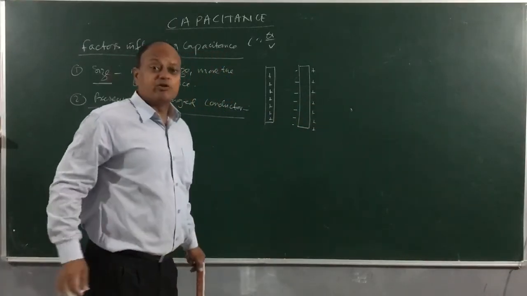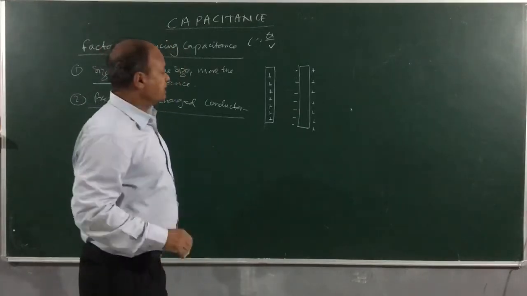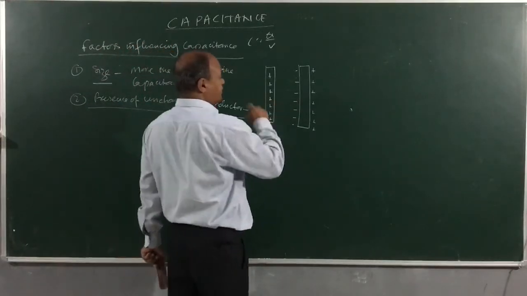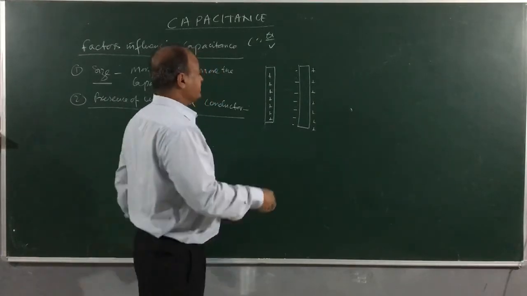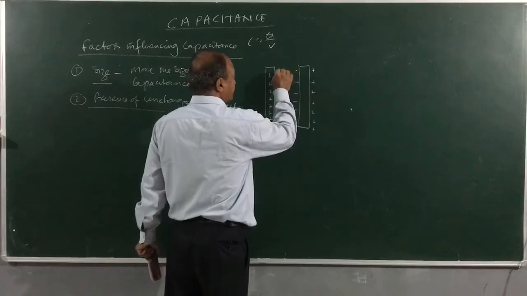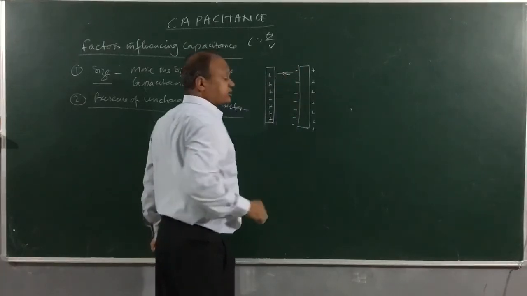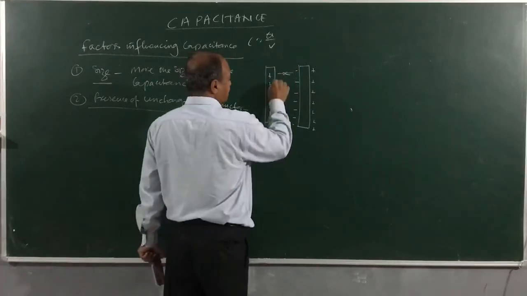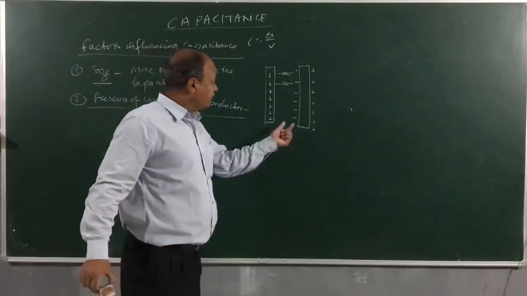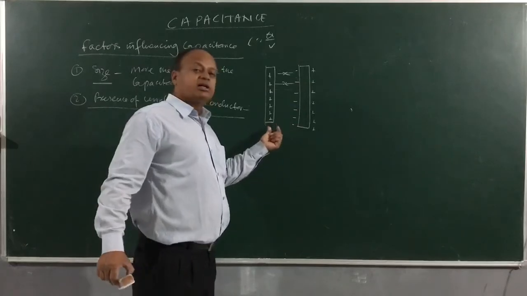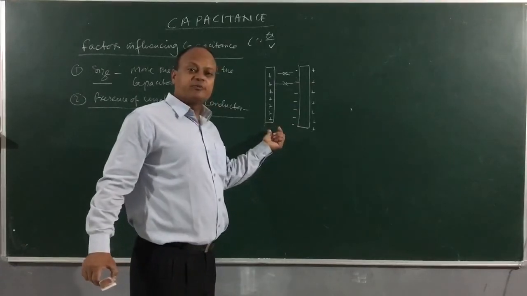So you can ask me how it will help. See, negative charges are closer to the positive charges. So they will have a stronger force of attraction. And these charges will become bound charges. What charges will become? Bound charges. And these negative charges therefore will reduce the potential of the positive charge.